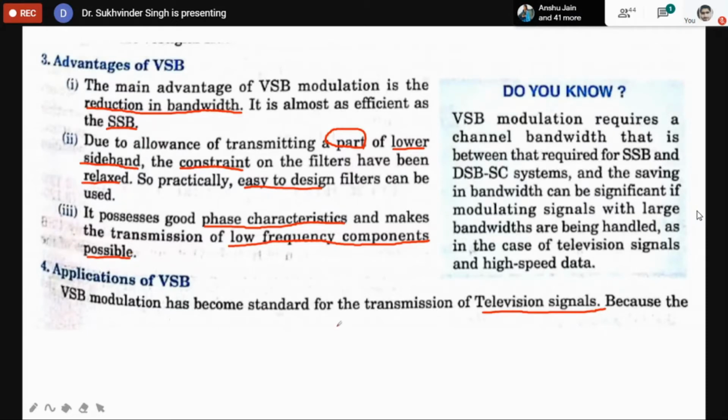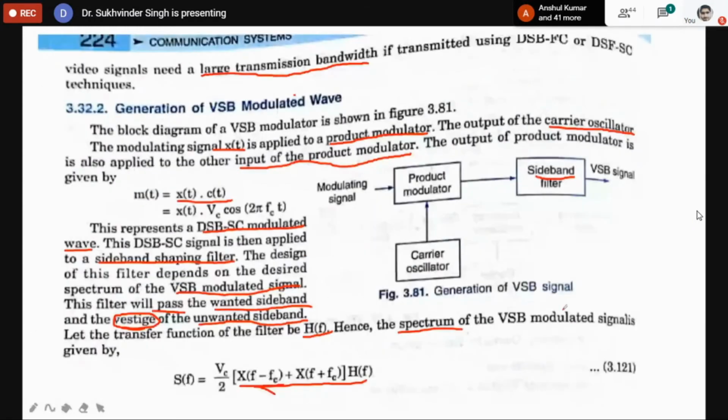An application of vestigial sideband is TV transmission. A large transmission bandwidth is there in the case of vestigial sideband.